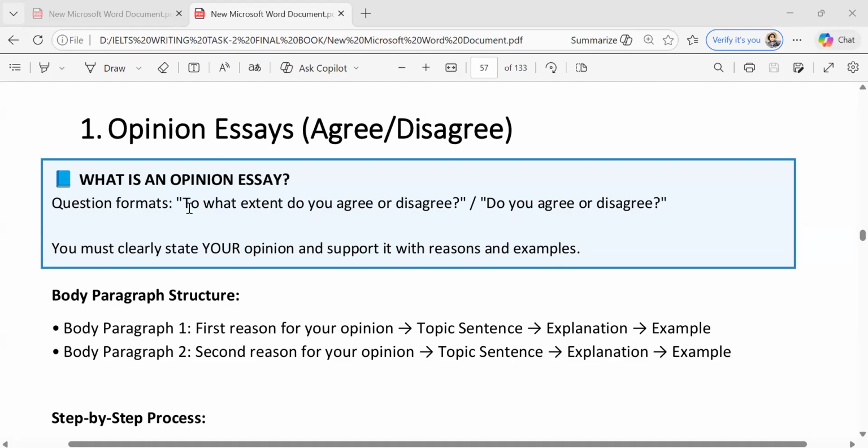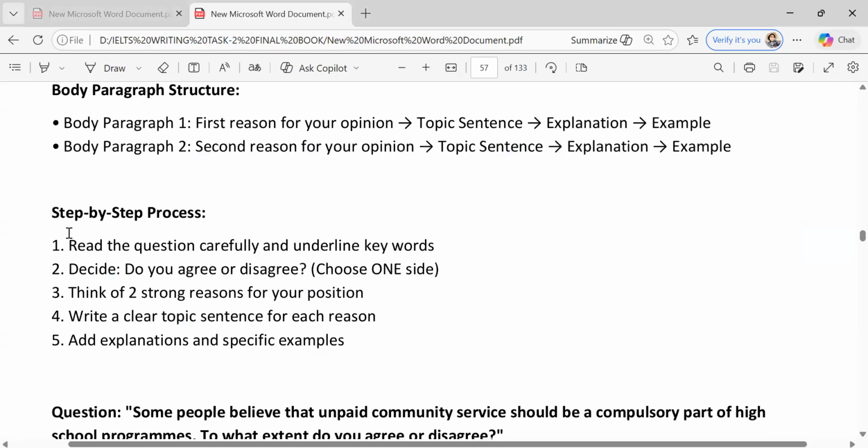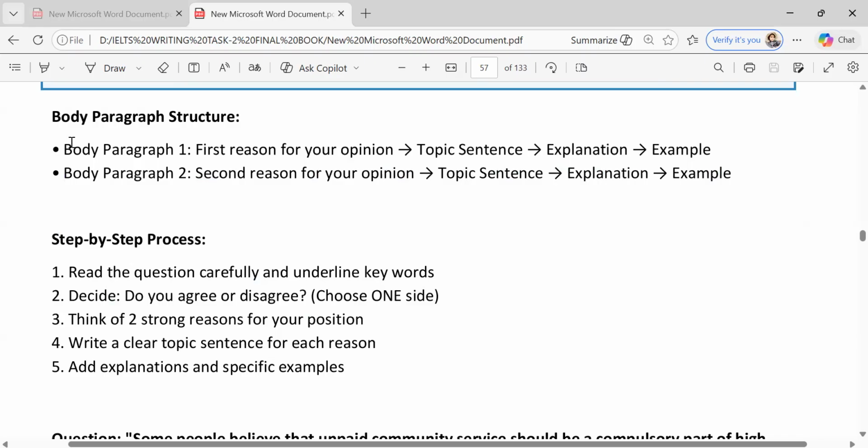So if the question is about agree or disagree, what we can do, clear? For that, you can apply this body structure. Body paragraph number one, you can talk about the first opinion, the reason for the first opinion.